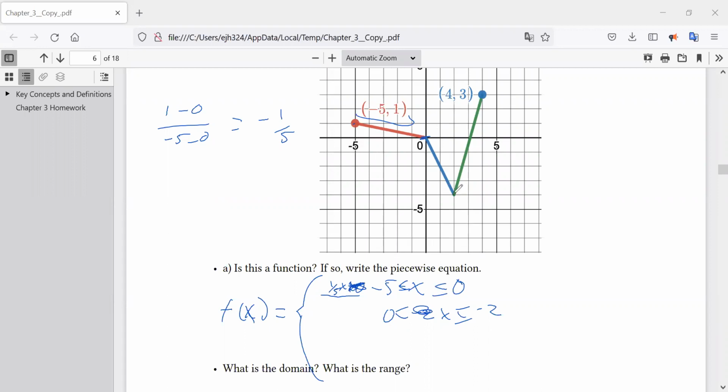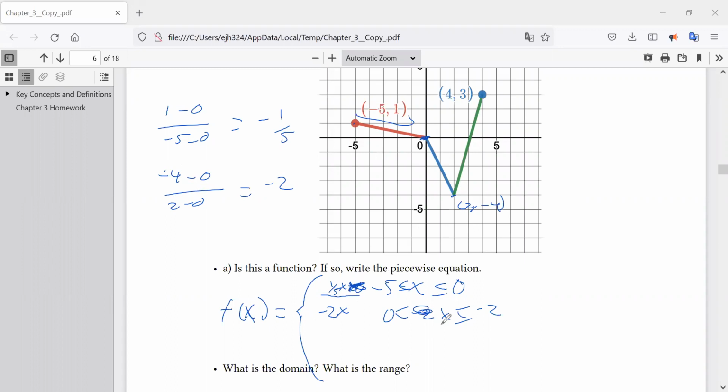So what's the equation of this line right here? Well, this right here is 2, -4. So if we just do -4 minus 0 divided by 2 minus 0, it's going to be -2x, and then I can look at this to get my b again, and it's 0.